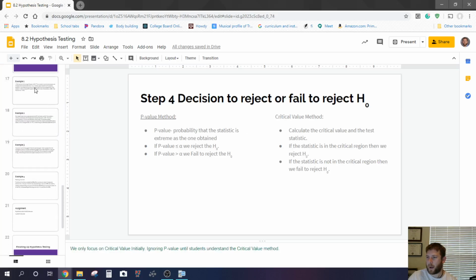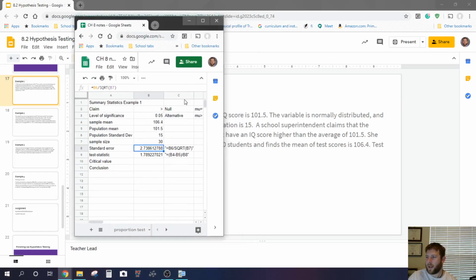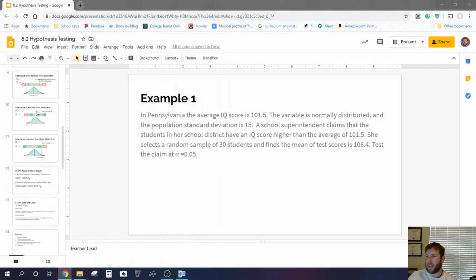So back to here. You'll see the formula I have written off to the right: the population standard deviation divided by the square root of our sample size, which is 30. That's standard error.